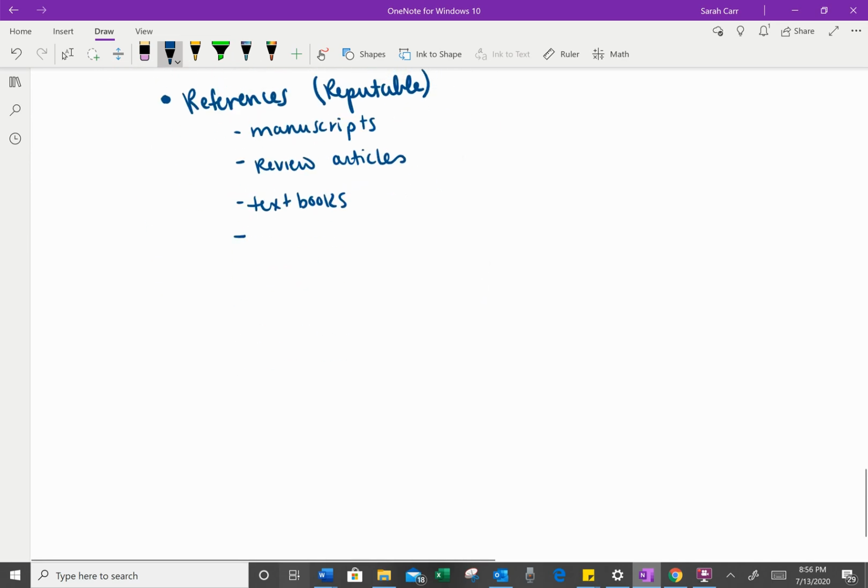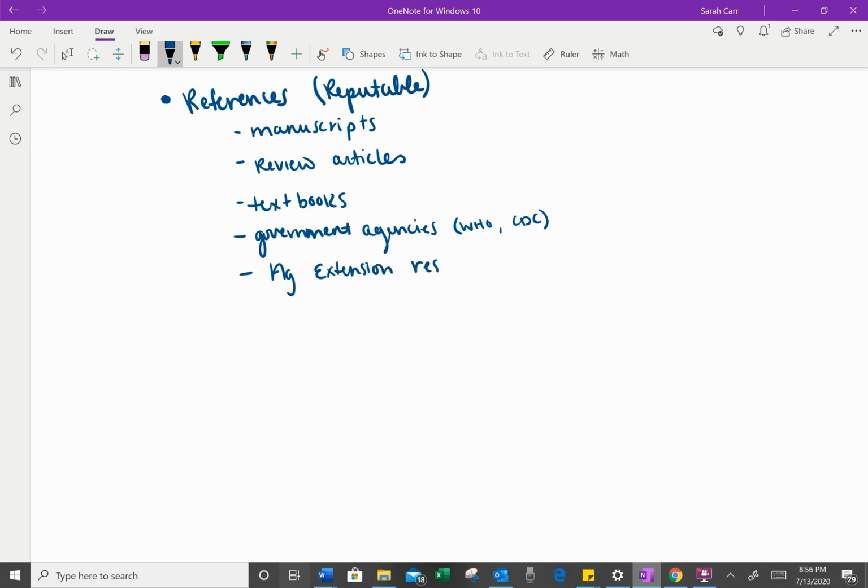Government agencies, such as you may need to cite WHO or the CDC for some reason, and then maybe agriculture extension resources. And of course there are others, but this is just a short list.